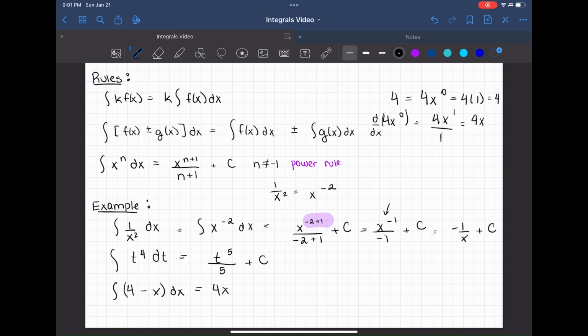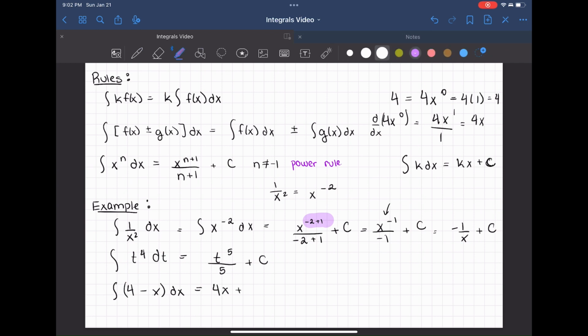Honestly, just memorize that when you see just a constant floating around, such as 4, 5, 23, just add an x or add the variable in. So if we want to make a quick rule, if there's just a number just sitting there, that's just going to be the number times x and then plus c.